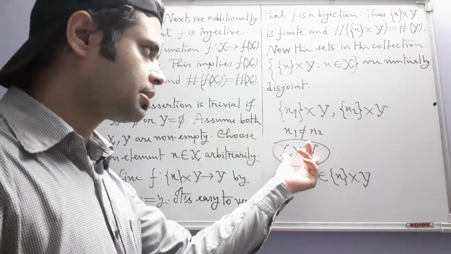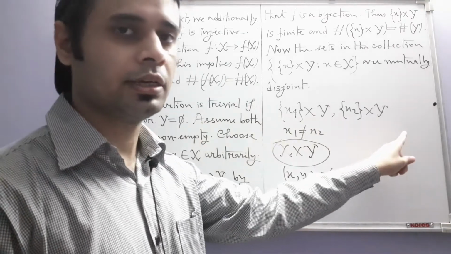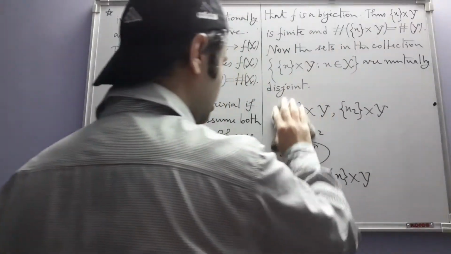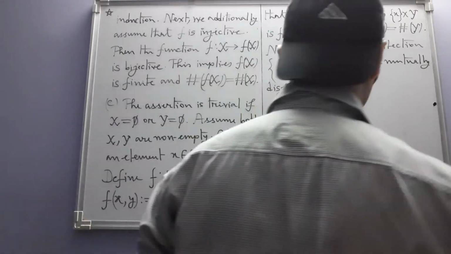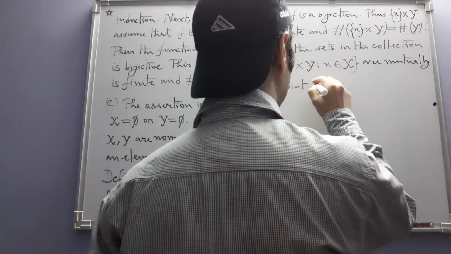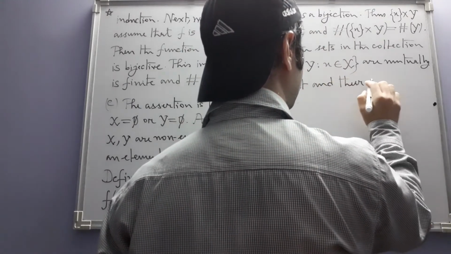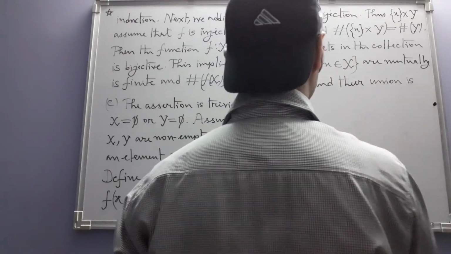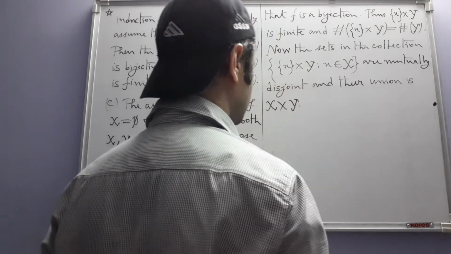So this is also a subset of the union. So this equals the union of all sets like this. So these are mutually disjoint and their union is x cross y.